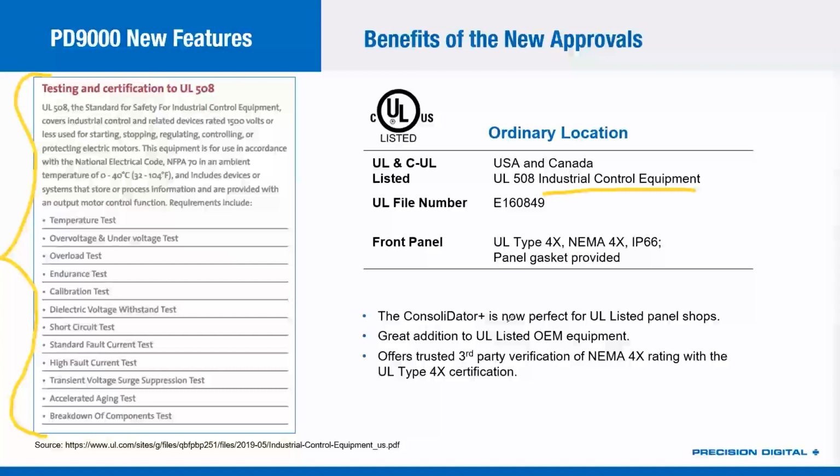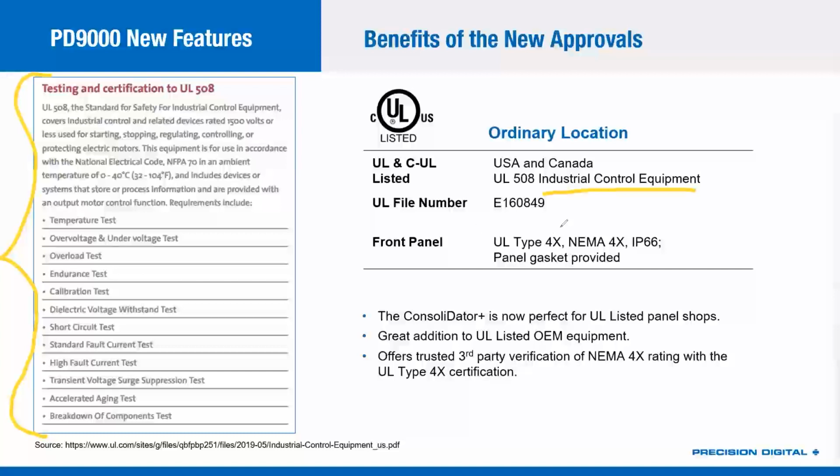So if you work at a UL panel shop, if you are a systems integrator or a skid manufacturer who likes to build UL approved panels, the fact that we are now a 508 industrial control equipment listed product means we are very easily able to be integrated into your systems without causing you a big UL headache. And if you are a distributor of ours who calls on UL panel shops or people who build UL systems, this is absolutely something you should let them know about.